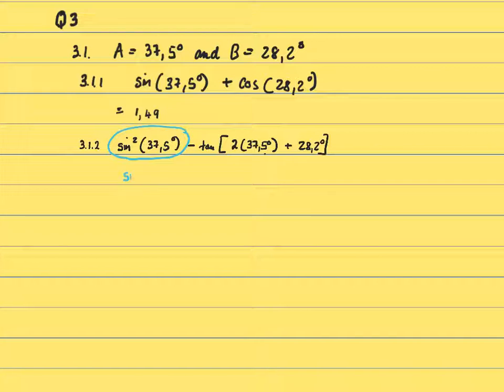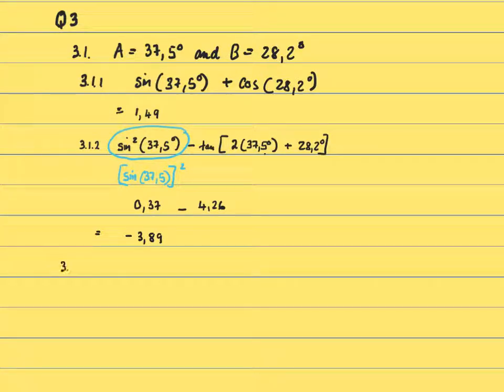That means exactly the same as the sine of 37,5 all squared. So again, all I do is I take my calculator, I type in sine 37,5 squared, and if I do that, I get 0,37 minus, and I go tan, open a big bracket, 2 times 37,5 plus 28,2 minus 4,26. And if I do that, I get an answer of minus 3,89. Okay, so those are fairly easy to do.